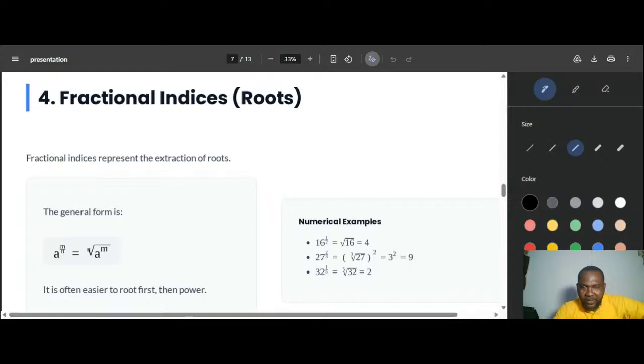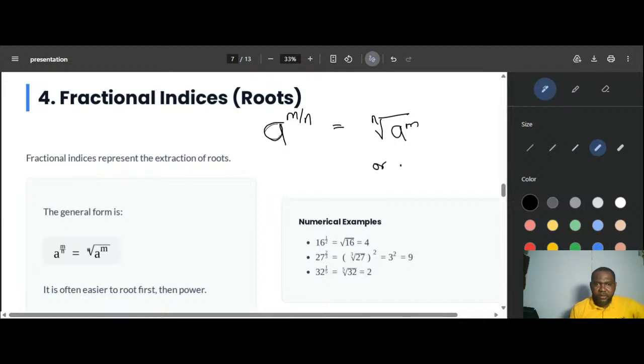So the next law I want us to talk about is called fractional indices law. Fractional root law. And according to this law, if you have a raised to power m over n, it means the nth root of a raised to power m.